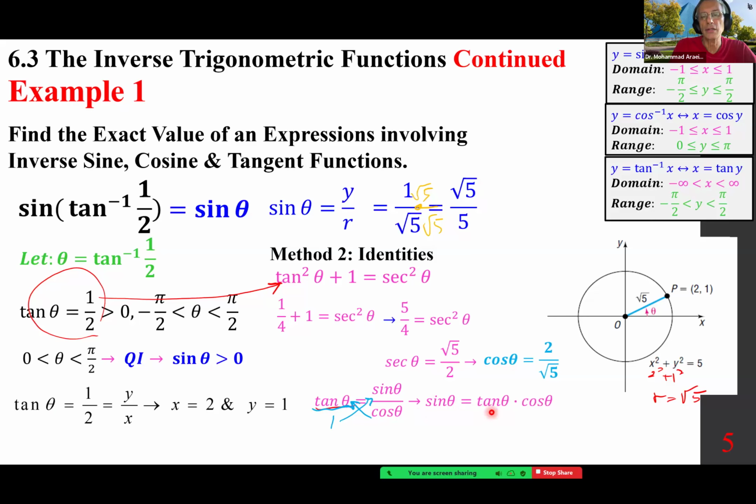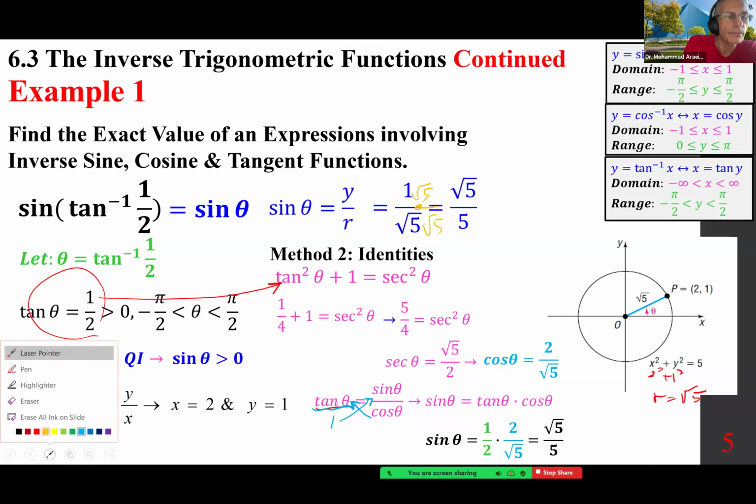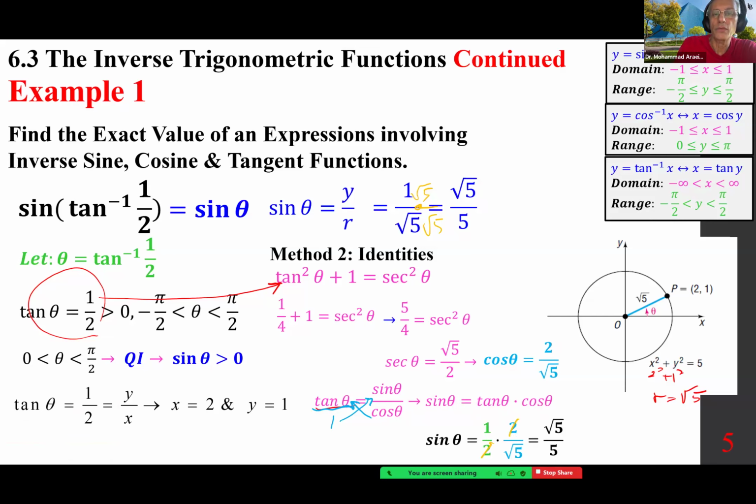So sine theta is tan theta, which is 1/2, times cosine theta, which is 2 over square root of 5, and that gives 1 over square root of 5, or square root of 5 over 5, as we have seen it before. In essence, this reminds us of what really happened in the previous section. We are going to move on.